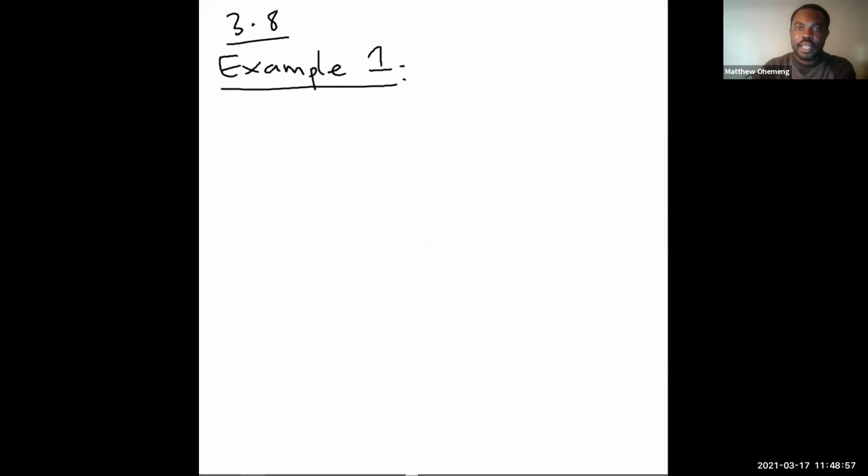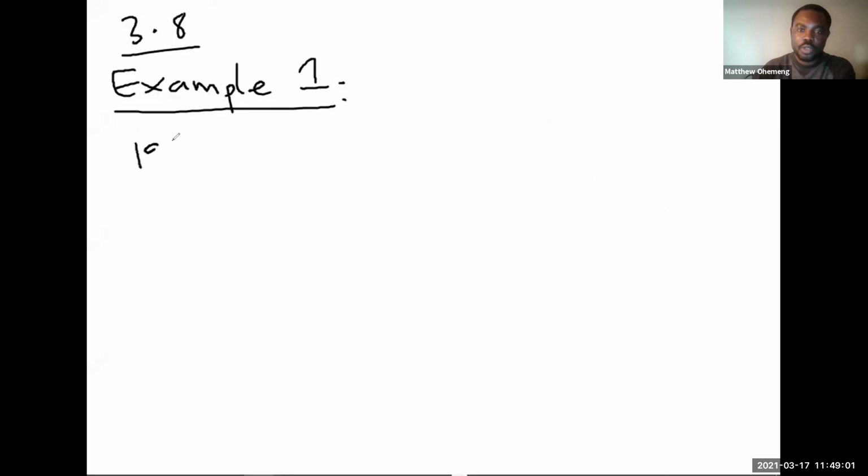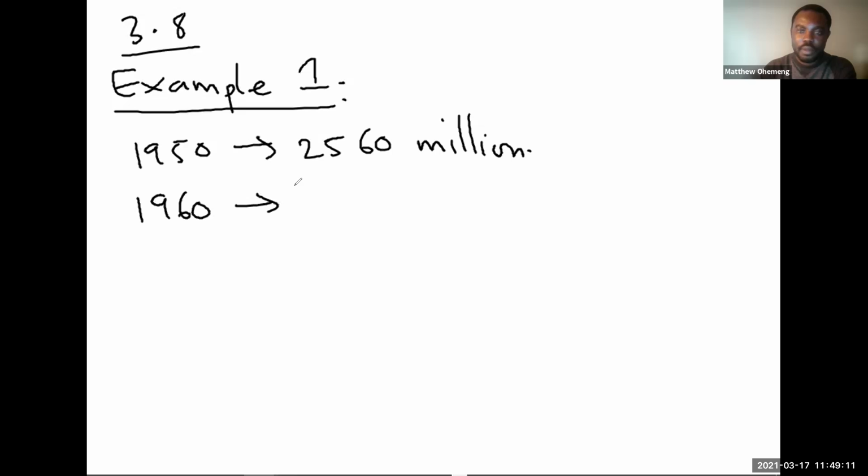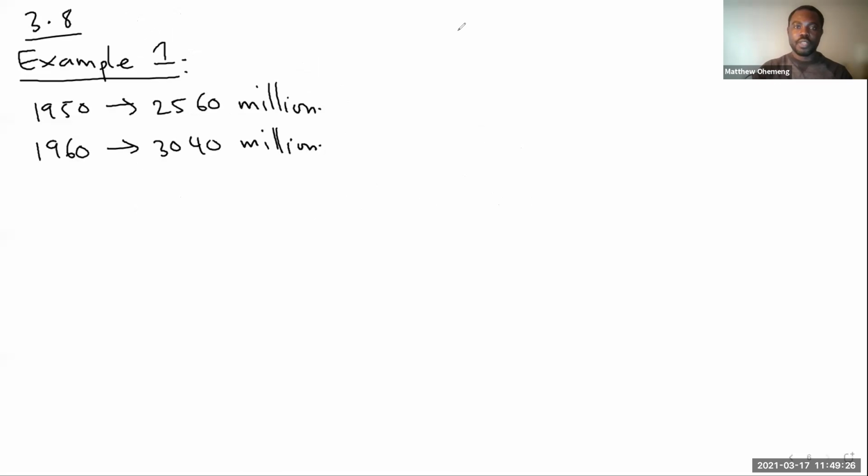So in 1950, we have 2560 million, and then in 1960, we have 3040 million. And then it says use the model. So I have everything now. Then when I'm done with this, I'll just move on and solve the other pieces.